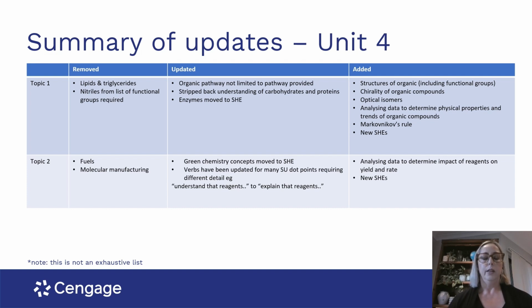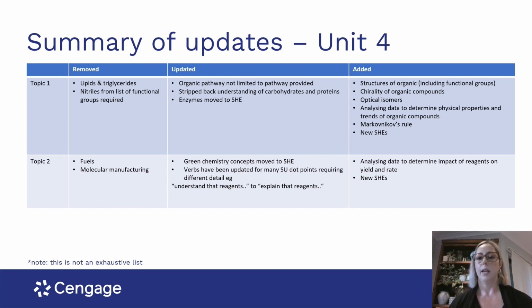In Unit 4, they've removed the lipids and triglycerides, and they've removed the nitriles from the list of functional groups. Updated, there's mention of organic pathways, but it's not limited to the pathway diagram provided, so we do have to be aware of that. It's more stripped back to the understanding of carbohydrates and proteins, so simplifying that, and enzymes have been moved to science as a human endeavour.